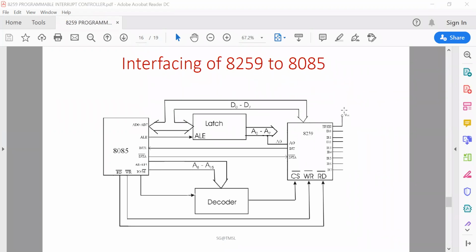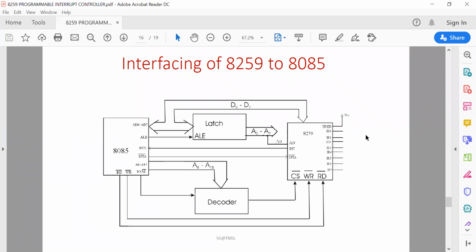If it is used in cascade mode, with different 8259 ICs, like 3 or 4 or 8 8259 ICs, you need to connect this pin to the ground pin. And if it is not connected to the ground pin, that means only one 8259 IC is available, which is connected to the 8085 or an equivalent microprocessor.